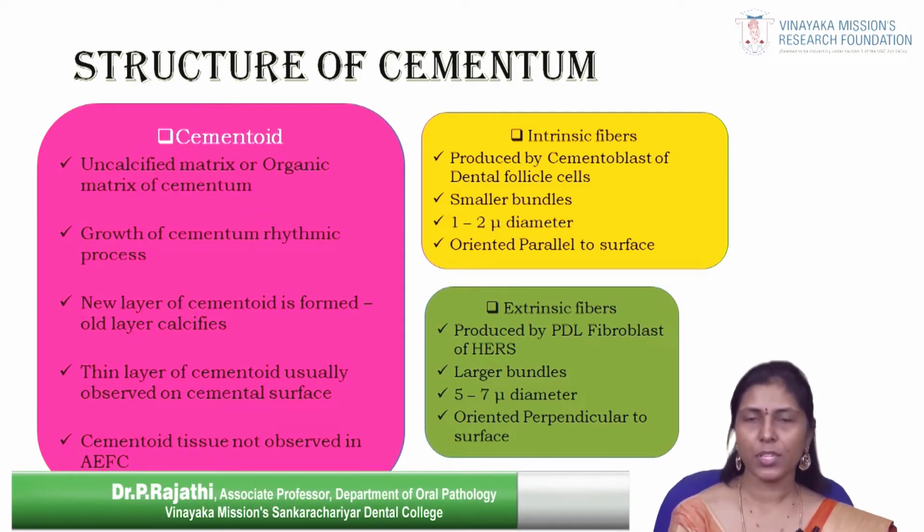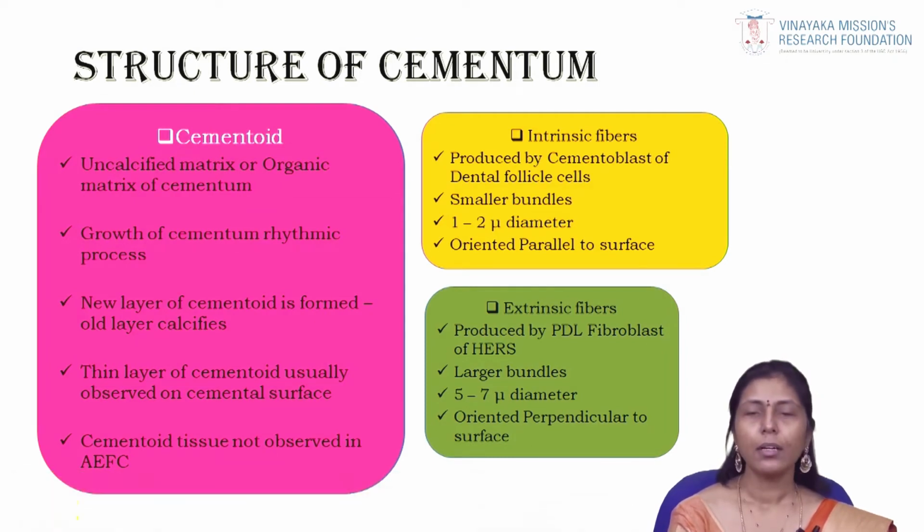Once a layer has been formed, it gets calcified, and then there is going to be another layer. So you can see a very thin layer of cementoid usually on the cemental surface in the root portion of the tooth. Cementoid tissue is not present in acellular extrinsic fiber cementum. Acellular extrinsic fiber cementum is present in the cervical portion of the root.